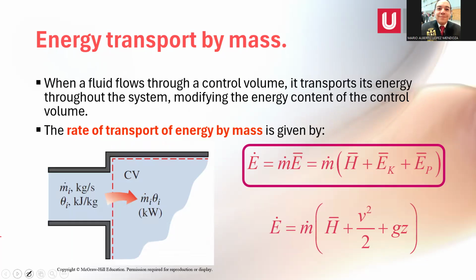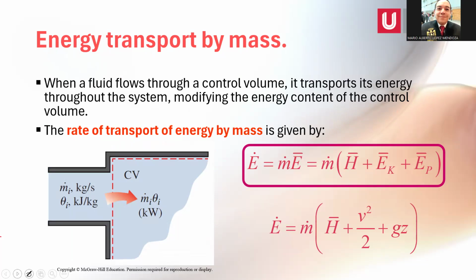So, this equation allows us to estimate the quantity of energy which is transported by mass flow. We refer to the energy transport by mass as a phenomenon which occurs when a fluid flows through a control volume.